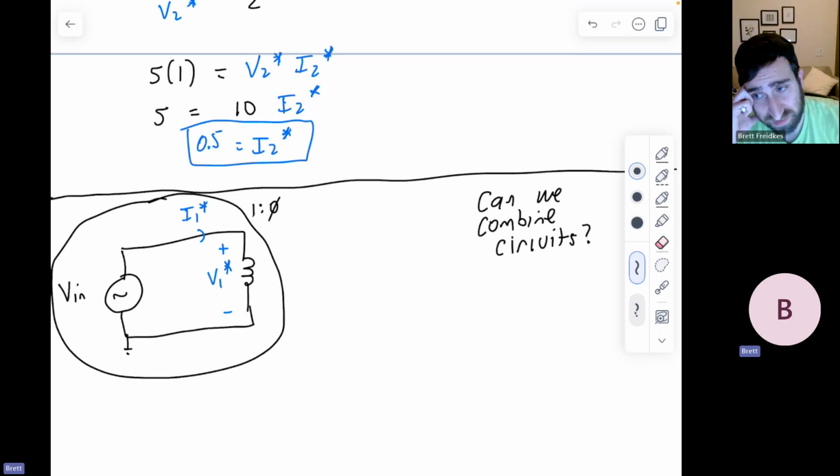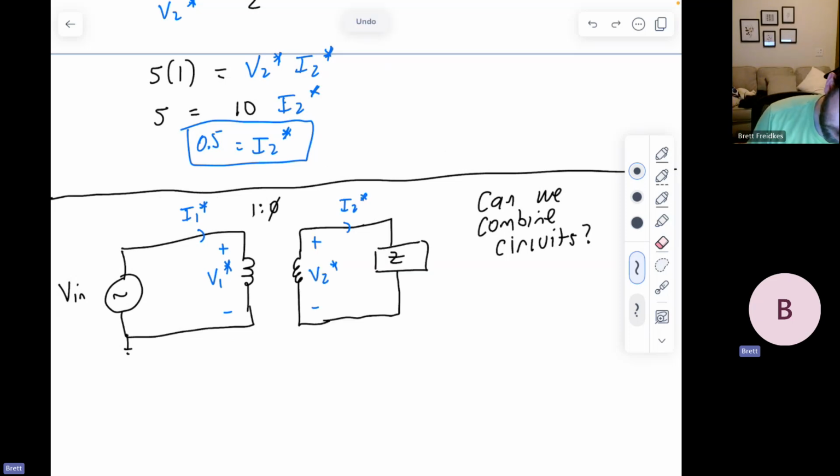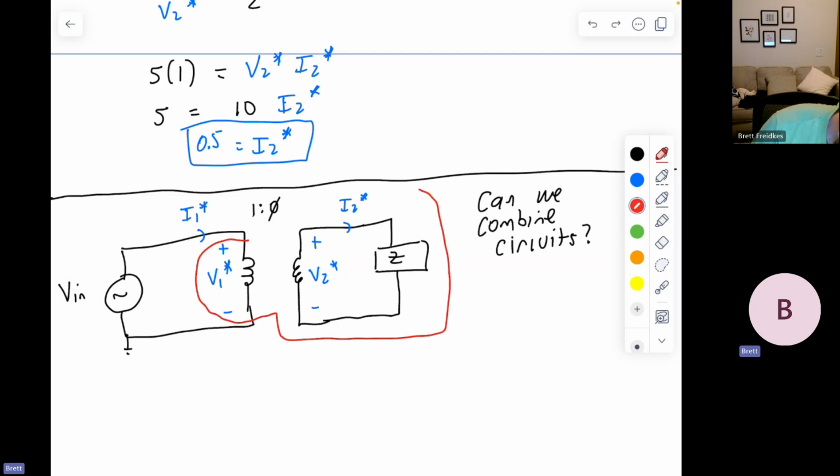Looking at this, it seems that you have this current I1 star that's traveling through an inductor, which has some impedance. And then that's it. That's the whole circuit. But the thing that's important is that because this inductor is coupled, the impedance that the left circuit is seeing also includes everything on the right side of the circuit.